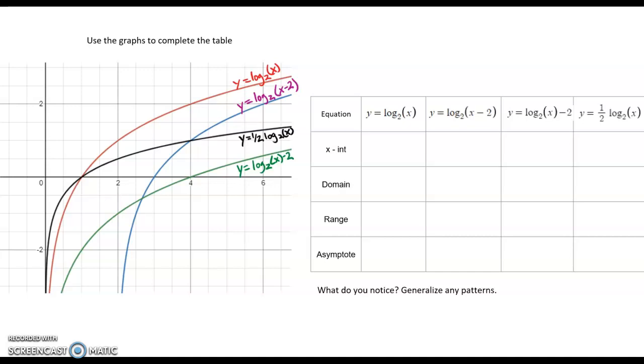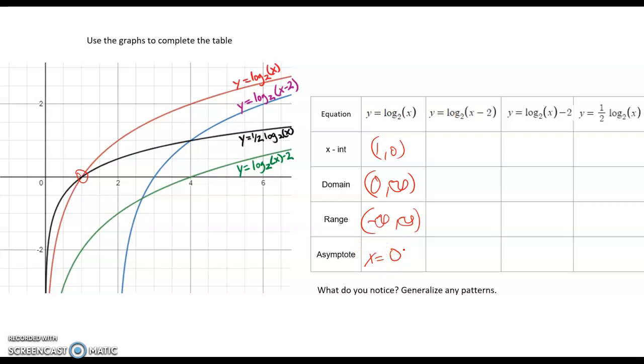So I have 4 different log functions here, and we're going to see how they compare. We've already done one. We know the answer for our x-intercept is right here. Our domain is going to be from 0 to infinity. This is just a regular log base 2 of x function. And our range is -infinity to +infinity. And our asymptote is at x equals 0.